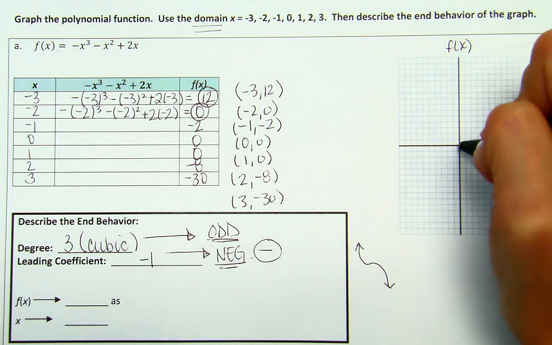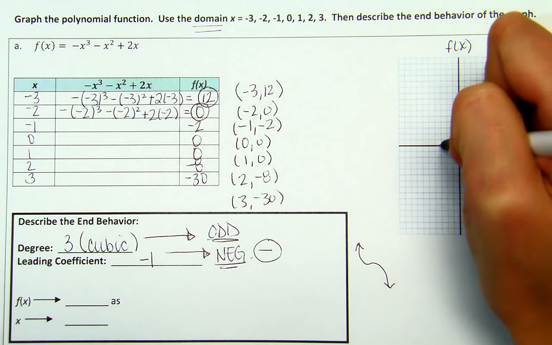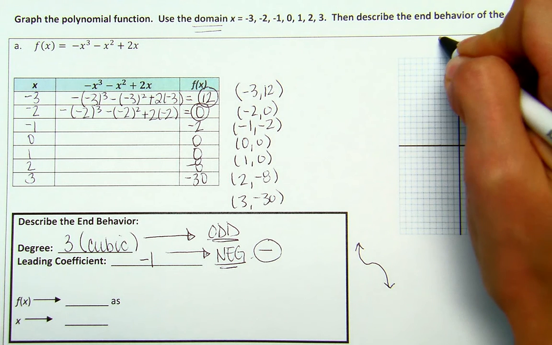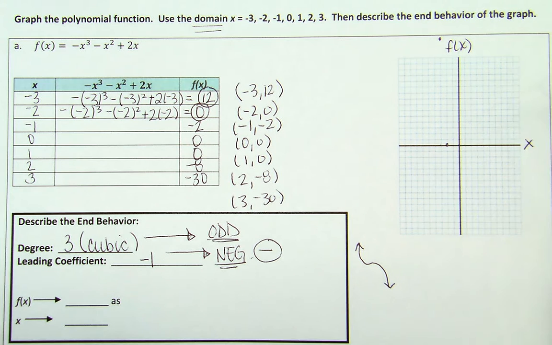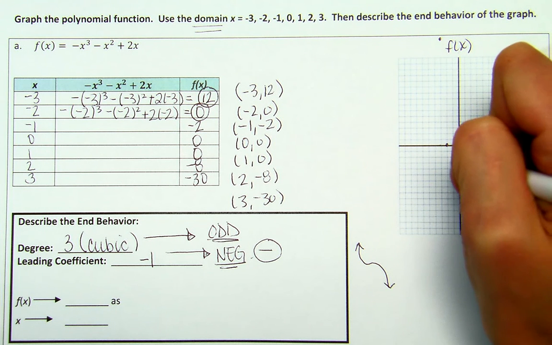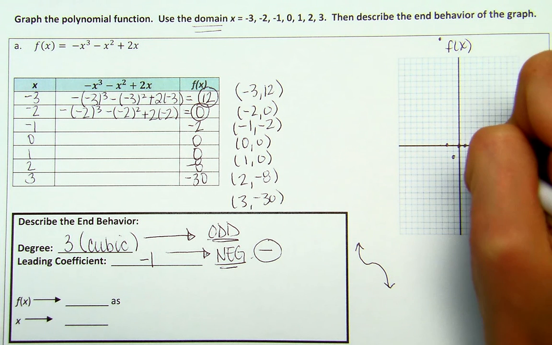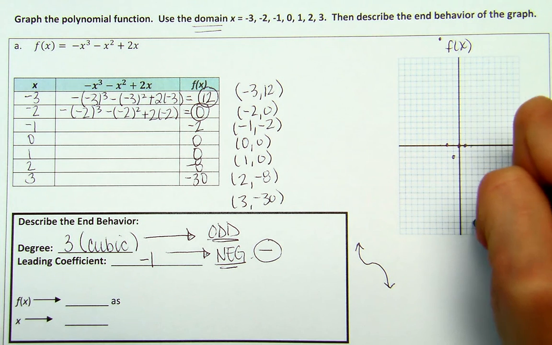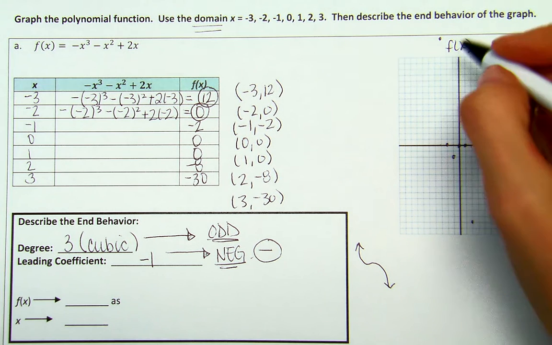So let's plot those points. 3 over, so I get 1, 2, 3. 12 up would be somewhere way up there. -2 over, 0 is right about there. -1, -2; 0, 0; 1, 0; 2, -8; and then obviously 3, -30 is way, way lower.